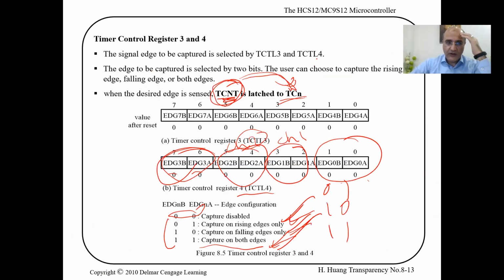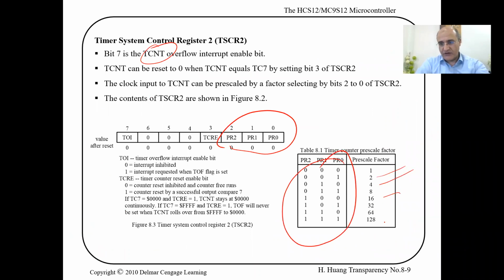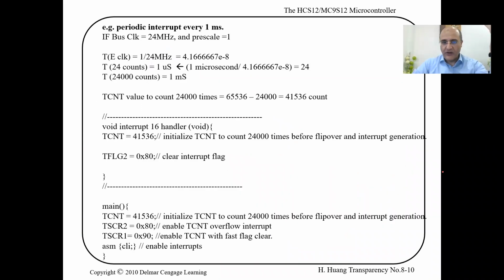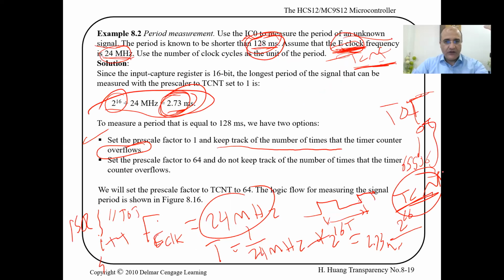The other option is to slow down your E clock through a prescaler. We saw last time that the TCNT timer can be prescaled through any of these prescalers: slow it 2 times, 4 times, 8, 16, 32, up to 128. For example, in this example, he's assuming that you set the prescaler at 64. This means the overflow will not happen every 2.73 milliseconds.